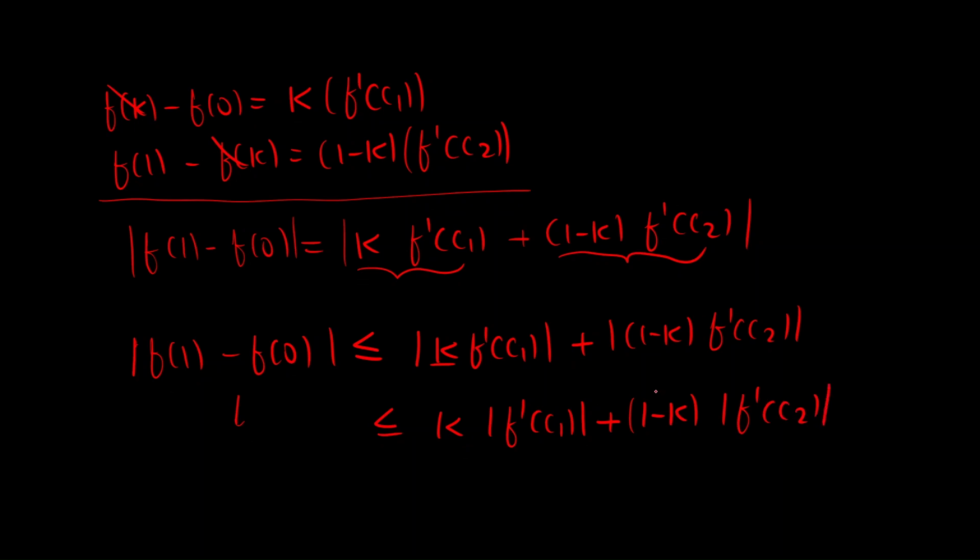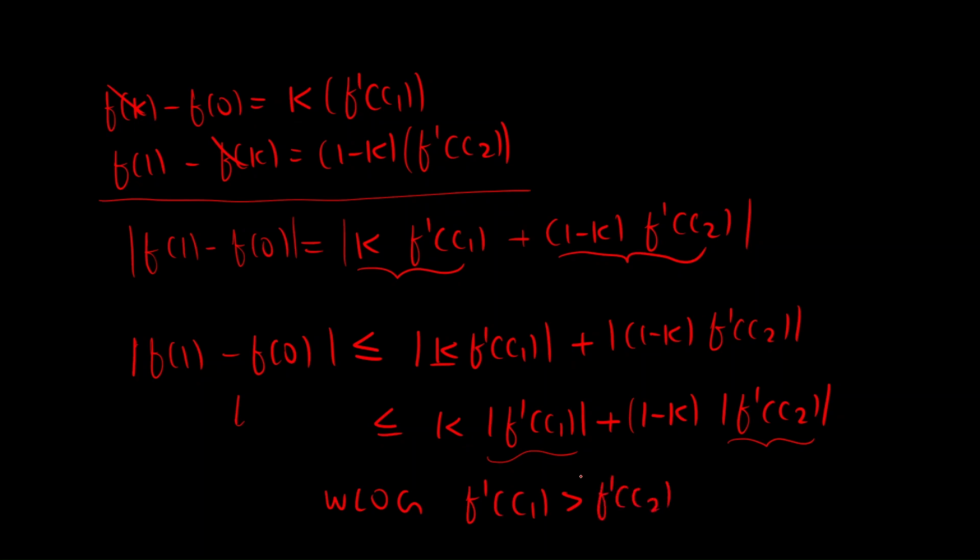Now since f is not a linear function, if we compare f dash of c1 and f dash of c2, surely we can say that one of them should dominate the other. Without loss of generality, let's say that f dash of c1 is greater than f dash of c2.